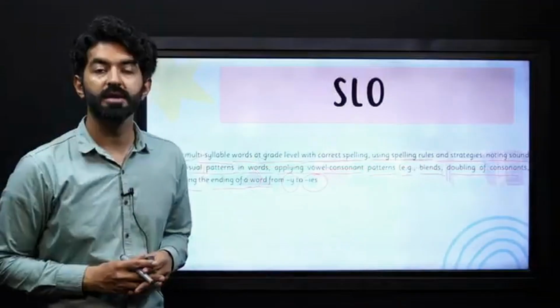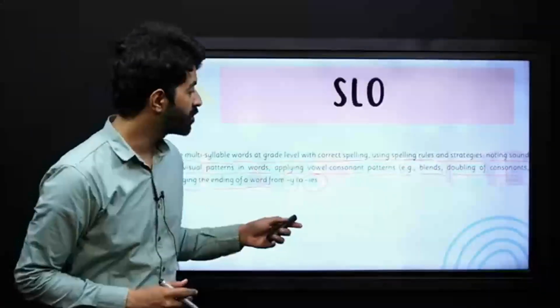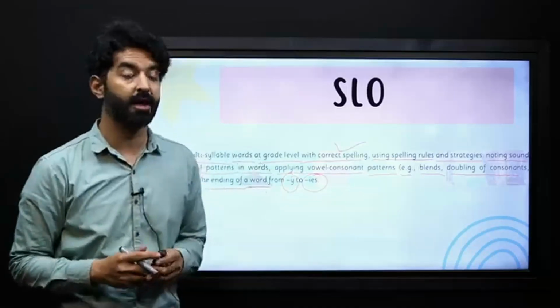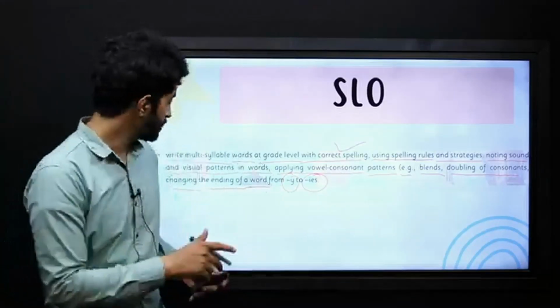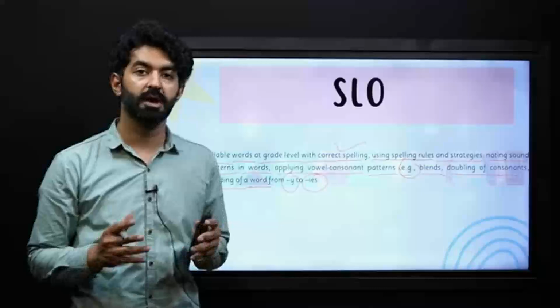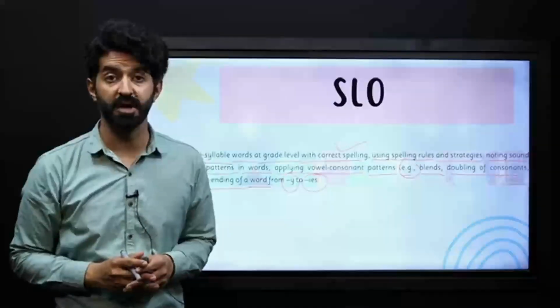So my dear learners, in this SLO we will be talking about using the correct spelling, using spelling rule strategies like noting the sounds, seeing the visual patterns in words, applying vowel consonant patterns, and we have some examples like blending, doubling of consonants, changing the ending of a word from Y to IES. So this is all about our student learning outcome.